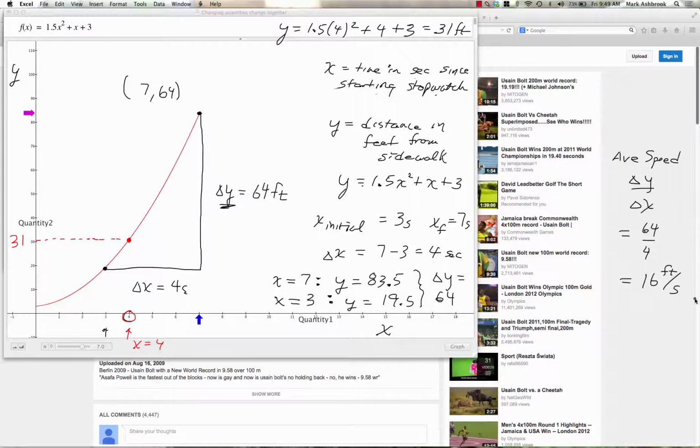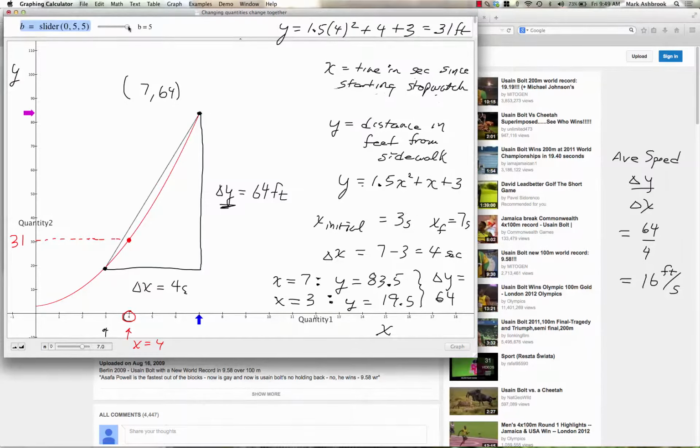How would we show that average speed on the graph? So that black line that I just drew represents this number, 16 feet per second.